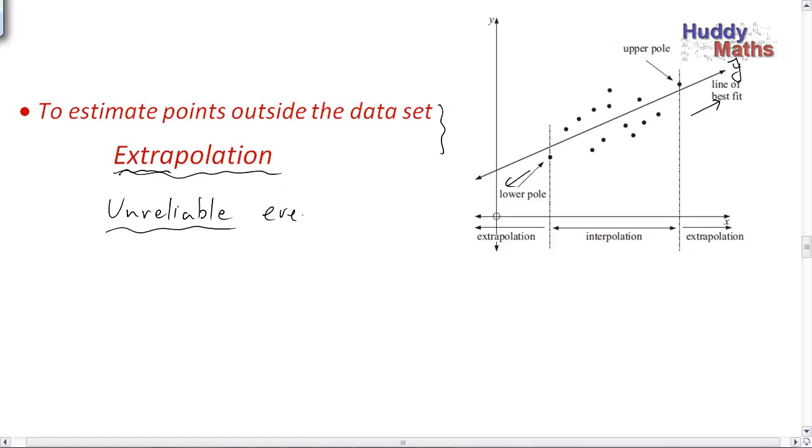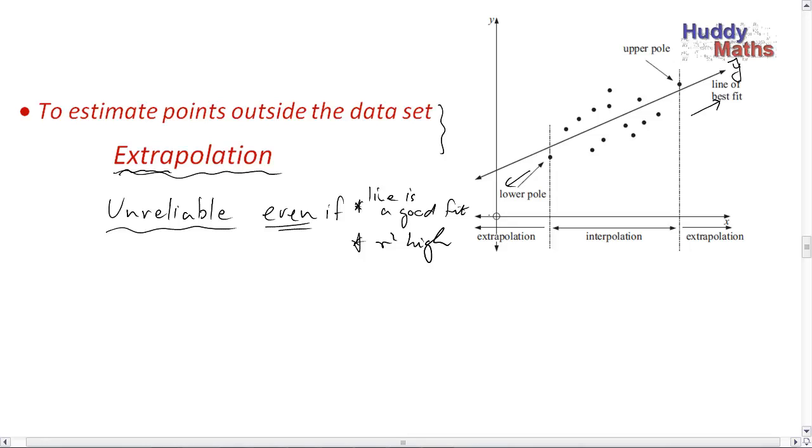Even, this is hurting, even if the line is a good fit, being done by least squares regression, and it looks good, random distribution of points, and r squared is high. Even if that's the case, we can't say extrapolation is going to be reliable. Why?